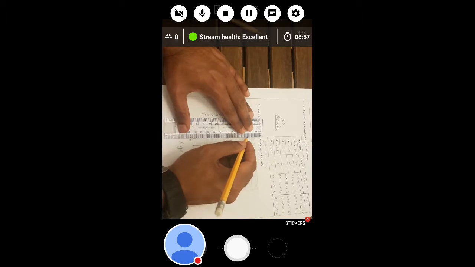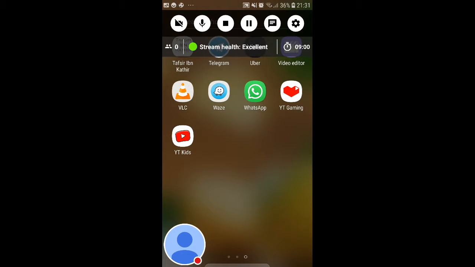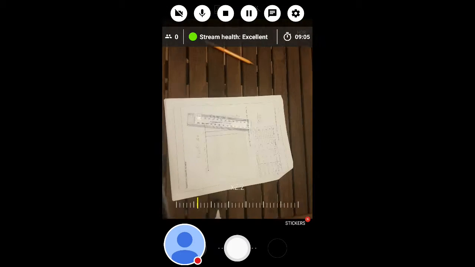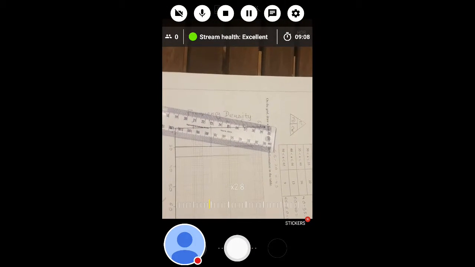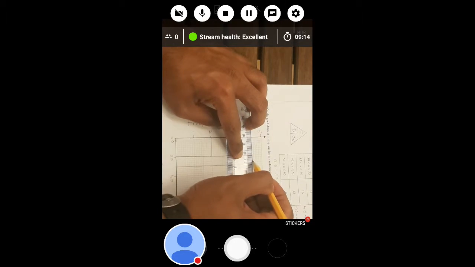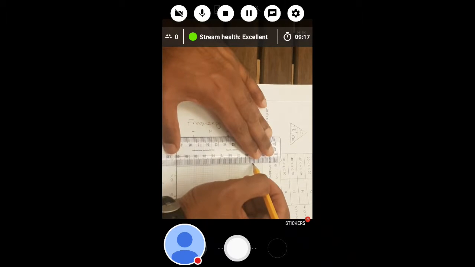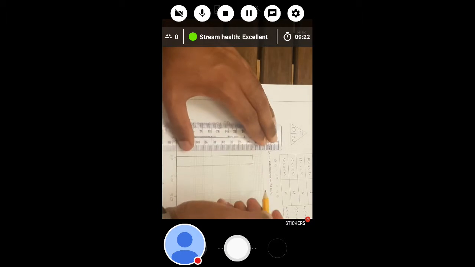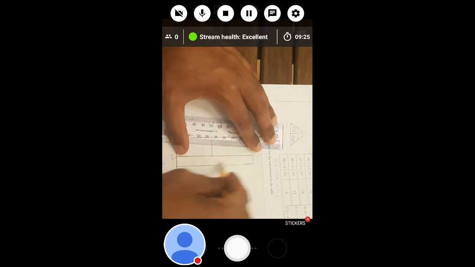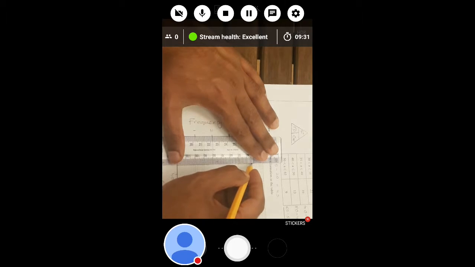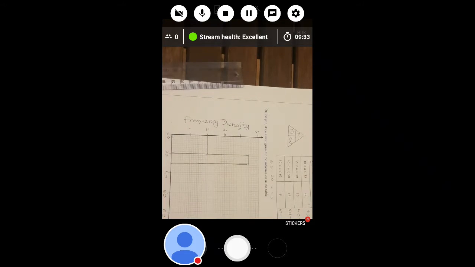The camera keeps coming off, so I need to keep redoing this. Okay, that's the second one done.